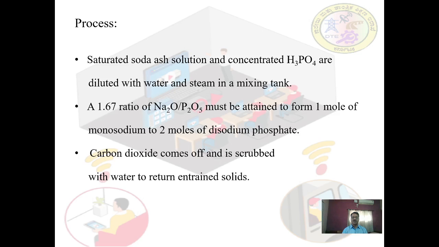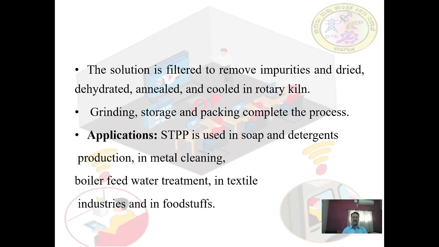Carbon dioxide comes off and is scrubbed with water to separate the entrained solids for recycling. The solution is filtered to remove impurities and dried, dehydrated, annealed, and cooled in a rotary plate. Grinding, storage, and packing completes the process.